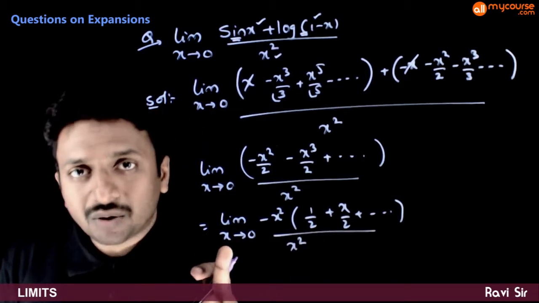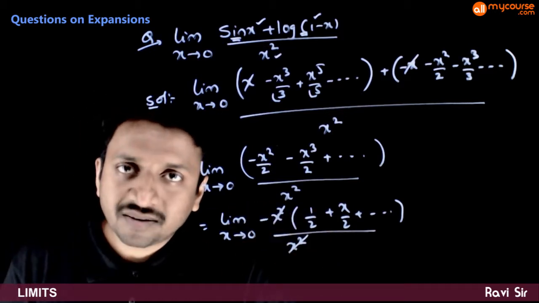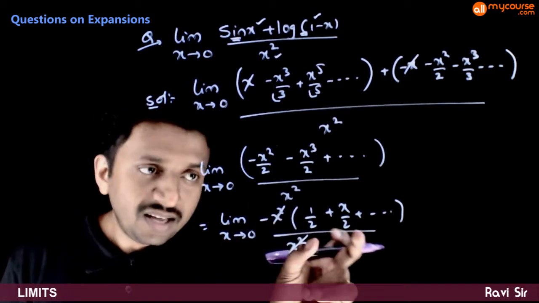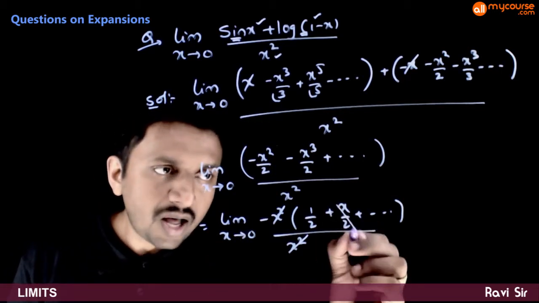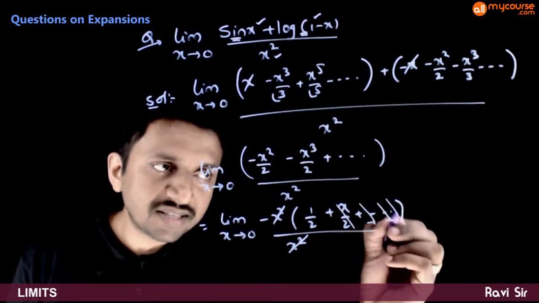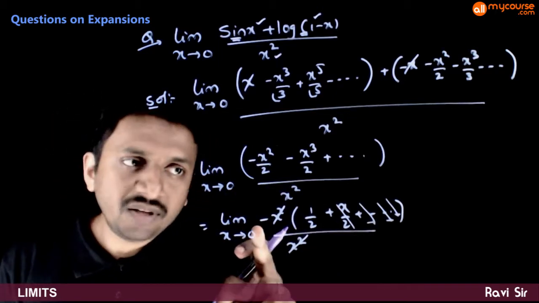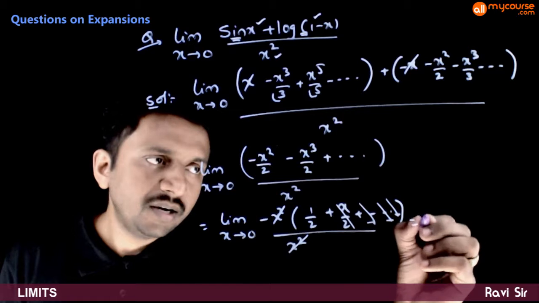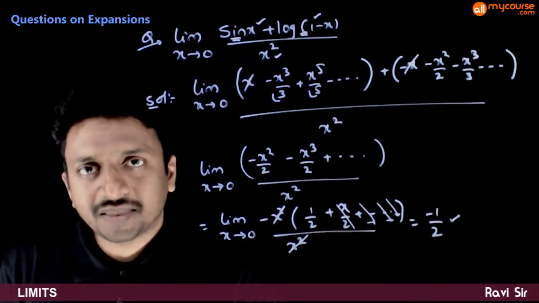As x tends to 0, x is not equal to 0, and x square can be cancelled. Within the bracket, as x tends to 0, all these terms where you have x tend to 0, and you'll be left only with minus of 1 by 2. So this will be the required answer.